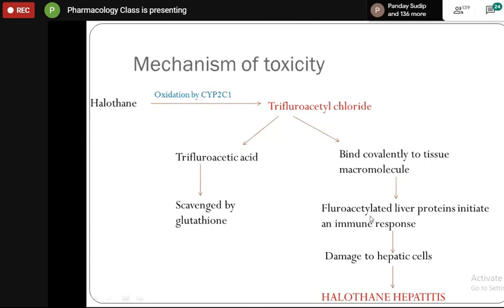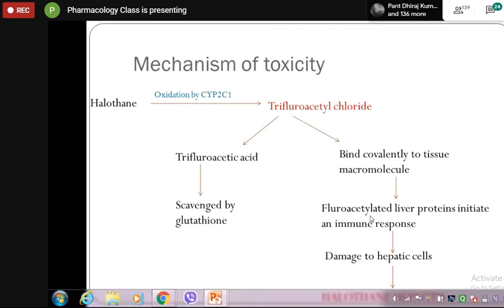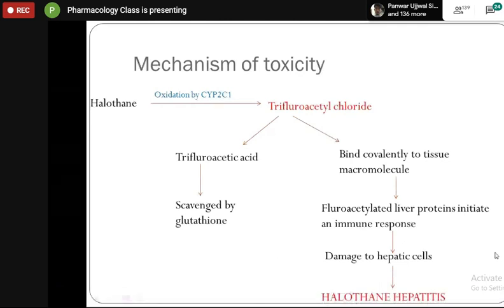These fluoroacetylated liver proteins have the potential to initiate the immune response, which means the generation of antibodies and all. Because of the antigen-antibody reaction, they will damage the hepatic cells, and since they are exclusive to the drug halothane, they are known as halothane hepatitis. Okay, understood?